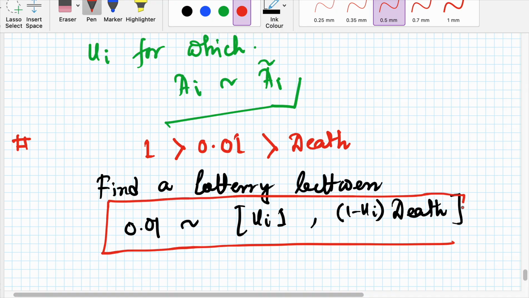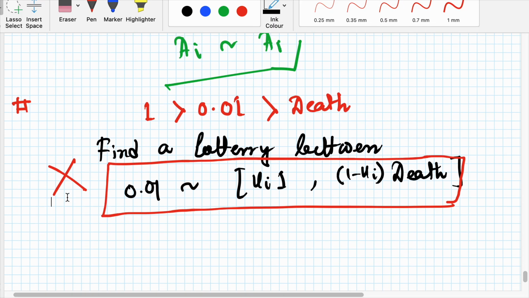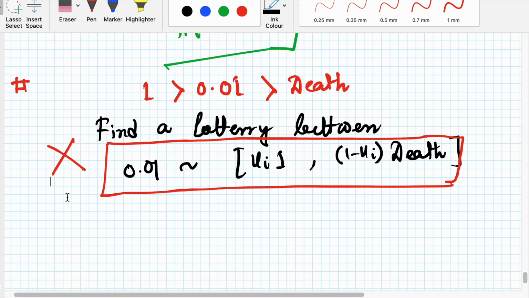But obviously no one will be indifferent with that, because if some lottery offers death with some probability, any individual will not take that lottery for any price.